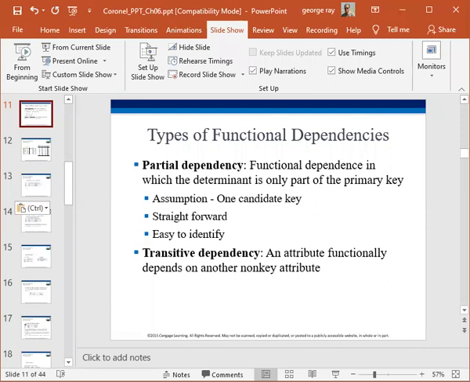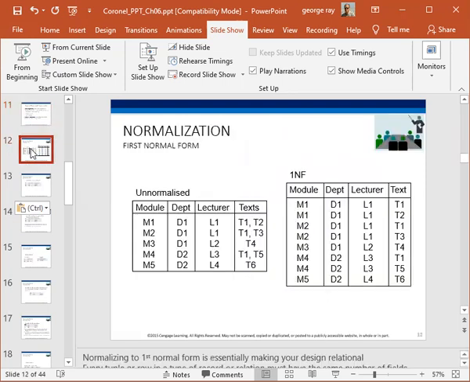Let's take a look at some examples of violating the normal forms. So normalizing to first normal form is essentially making your design relational. Every row in a table must have the same number of fields.